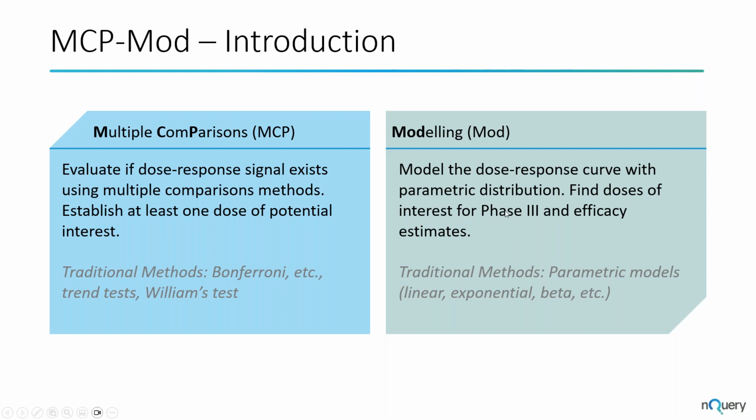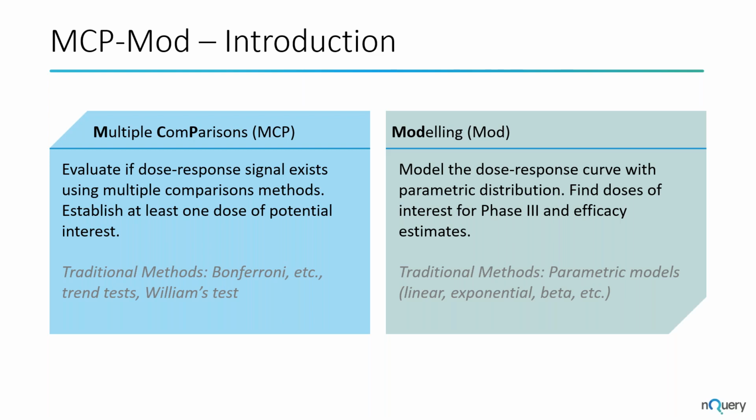For the modeling part, then you look to evaluate a number of subjects at each of the proposed doses, and not only to establish a signal, but then also to investigate the relationship between the dose and the response by fitting a parametric model. By doing this, you get an estimate of the responses at all doses and not just the ones directly under study.